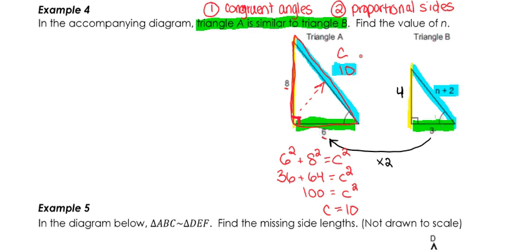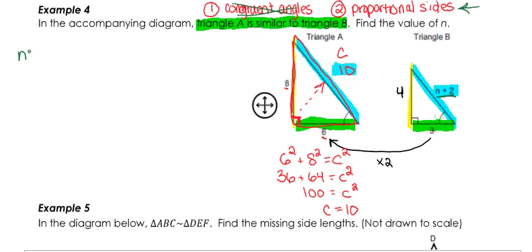So now I can use the fact that my sides are proportional, because I'm dealing here with a side length, to set up a proportion. So I can say n plus 2 over its corresponding side in the larger triangle, 10. I can use the green sides, 3 over 6, or I can use the yellow ones, 4 over 8.